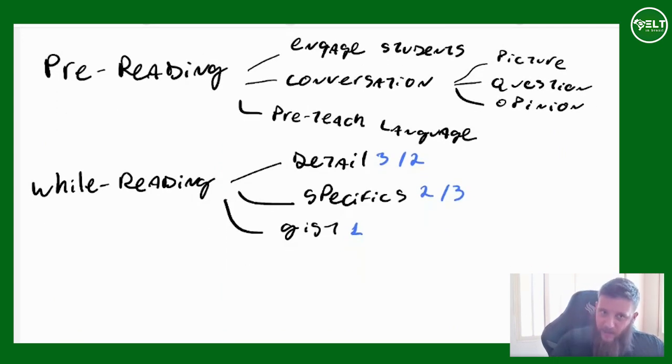Then we go on to while reading. Students get the text now and they start reading. They will read for gist first to get the main idea of the text, and then focus on activities that will get them to read for specific information or for details. Students are really reading. In my opinion, and we'll see if you agree with this, Walter, I think this is the key moment of the lesson.